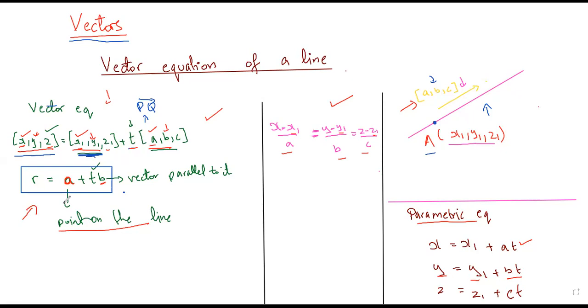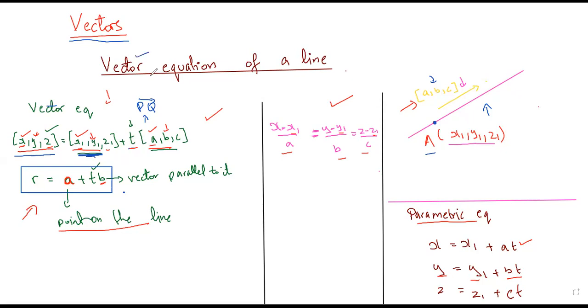In short, if you have been asked to find the vector equation of a line, you need to find two things: a point on that line and a vector parallel to that line. And yes, in the marking scheme you will find many alternate methods because these are vectors.